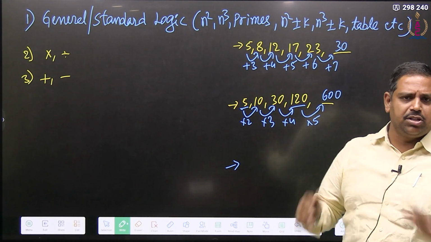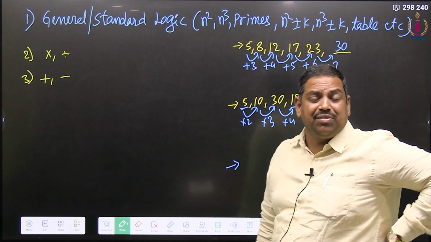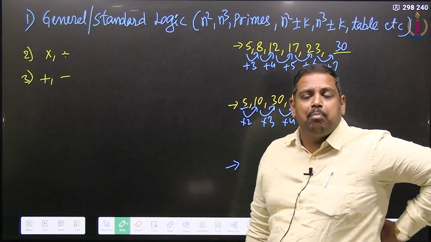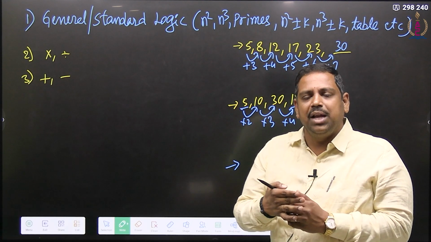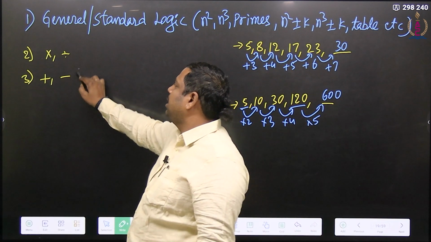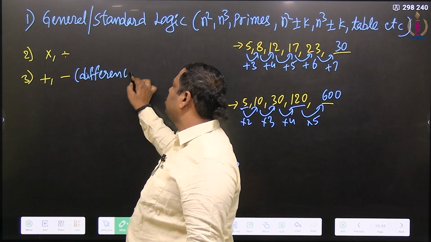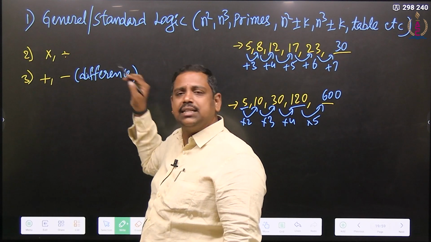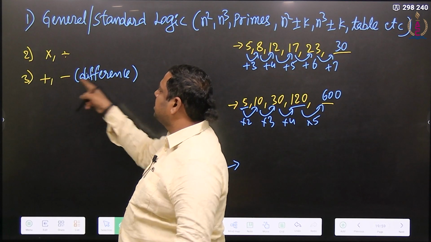If the gap is less, I will go with addition, subtraction. If the gap is huge, by default, we have to think of multiplication, division. If it is not satisfying, we have to go with the differences, nothing but addition, subtraction.